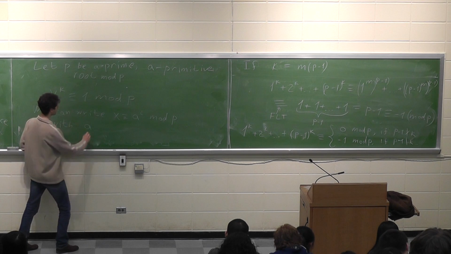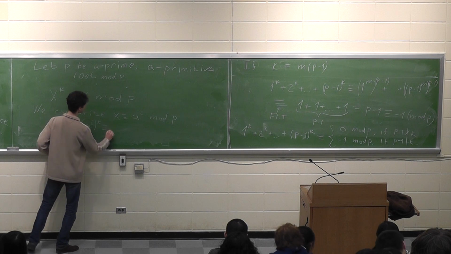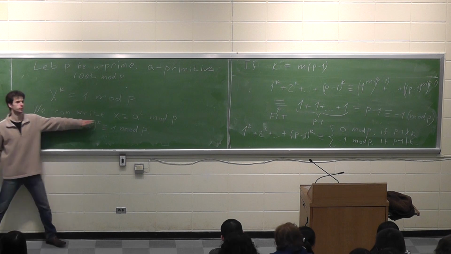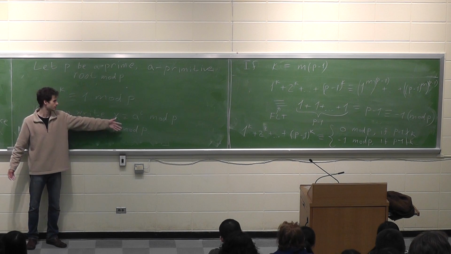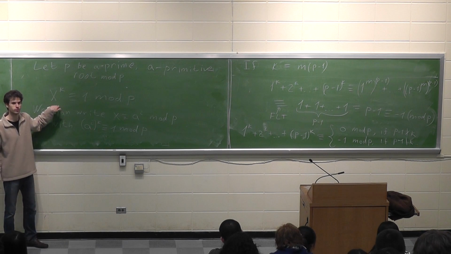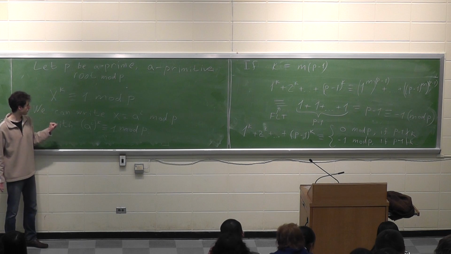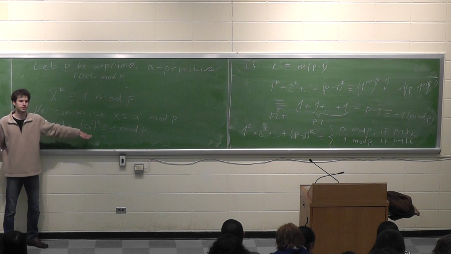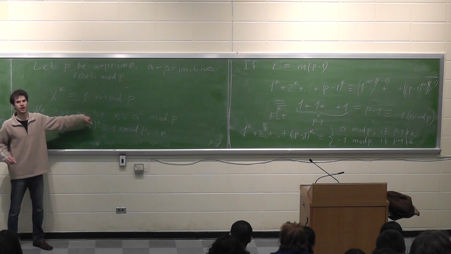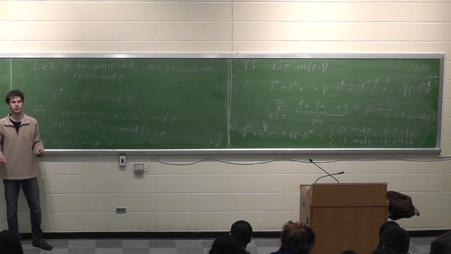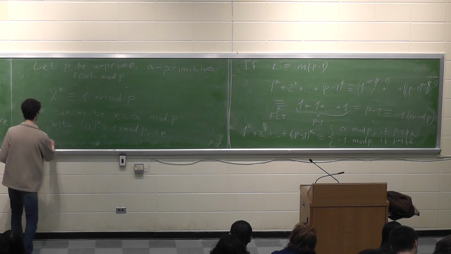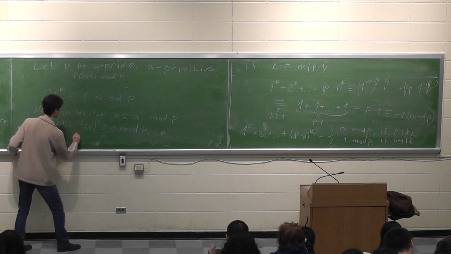And I know that a to the power i raised to the power k is congruent to 1 modulo p. It's just a translation. I can write a solution as a power of a primitive element because I can write every non-zero number as a power of the primitive element. And x is of course not zero because its power is 1. Well, but what does it mean? Here it means a to the power of i times k is equal to 1 modulo p. The order of a is exactly p minus 1. So it's the same as saying that p minus 1 divides i times k.